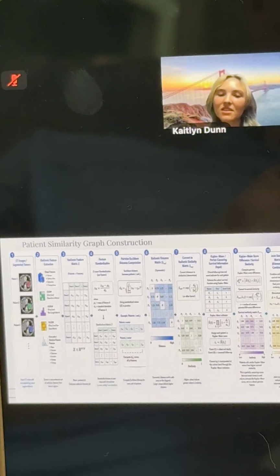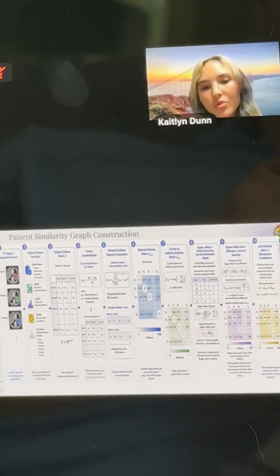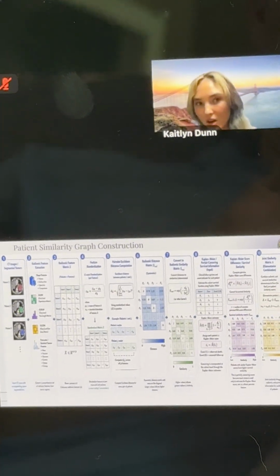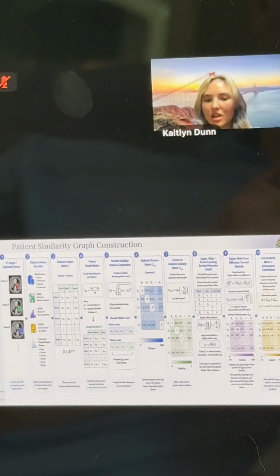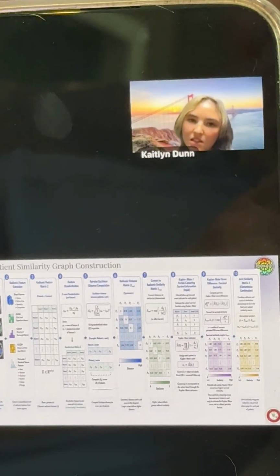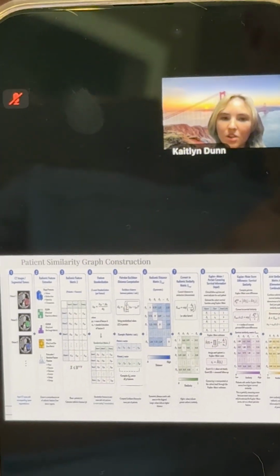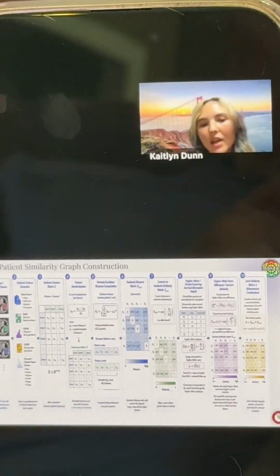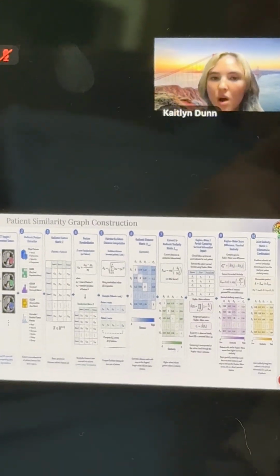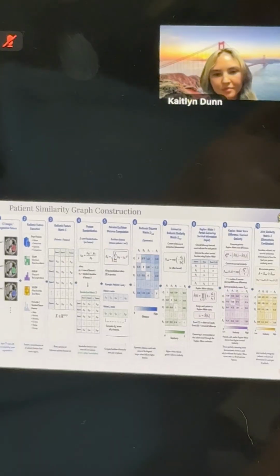Then that gets converted using a radial basis kernel to be represented as similarity. So when a patient is getting a similarity score of 0, that means that their tumors are not identical at all. And then when the patient gets scored with a similarity score of 1, it means it's the exact same tumor, just to put it in perspective.